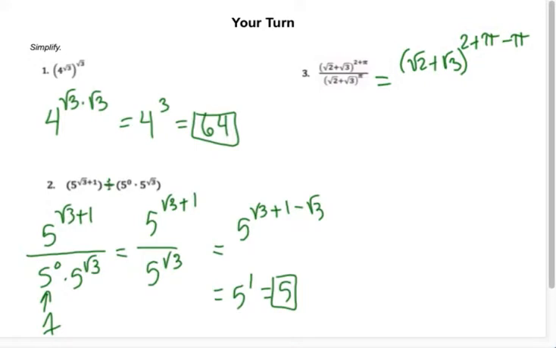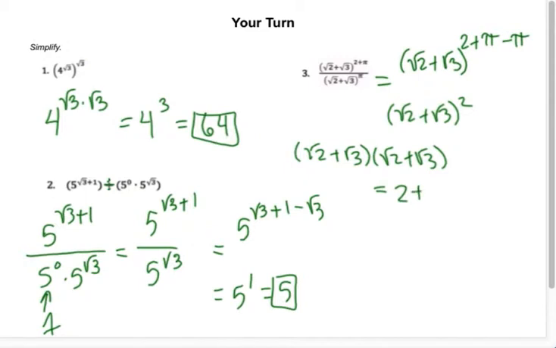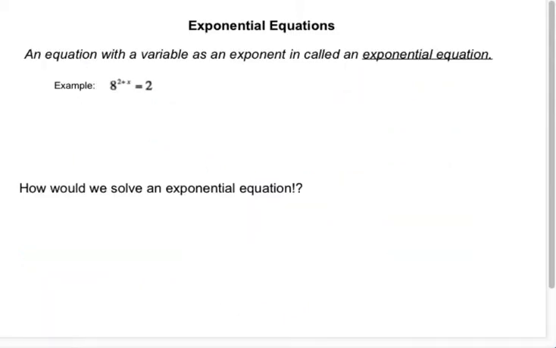The pi's cancel. So you get square root 2 plus square root 3 squared. Now this is a binomial, so to square it, you have to double distribute. And once you work that out, you end up with 2 plus 2 square root 6 plus 3, which is 5 plus 2 square root 6. And I just did a little math in my head there.